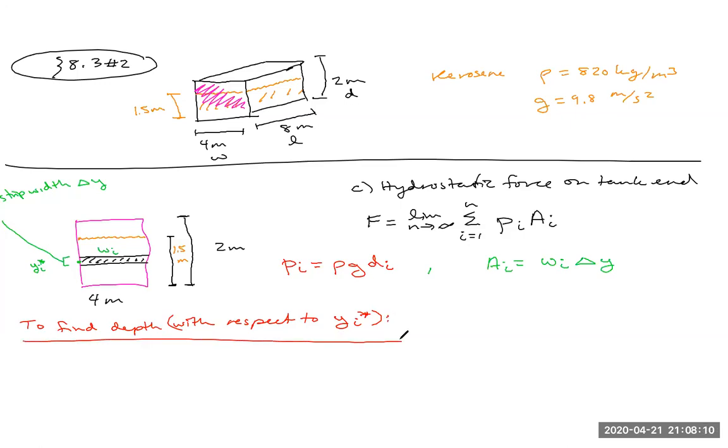Set up your coordinate system. For this one, I'm actually going to set it so that y is equal to 0 right here, and positive direction down. x is going to be coming out this way.